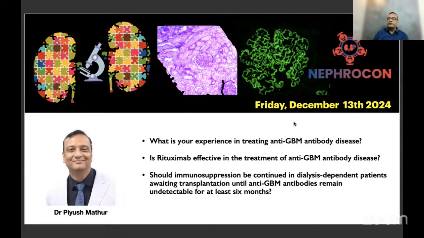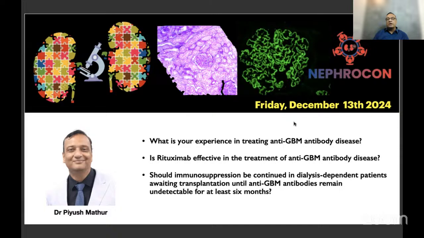But if the patient is on dialysis and oliguric, then they don't recover their kidney functions and they are dialysis dependent. Rituximab, however, I have not used in all the patients except one patient where we thought that this patient might recover.